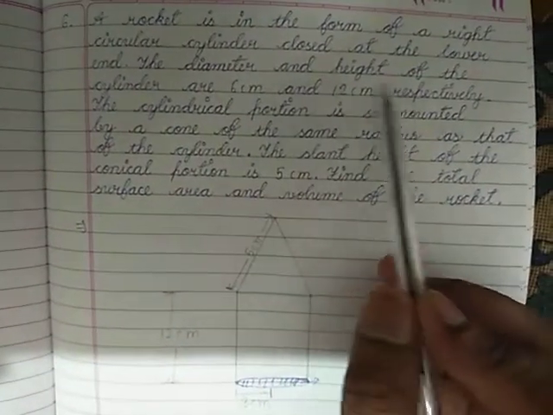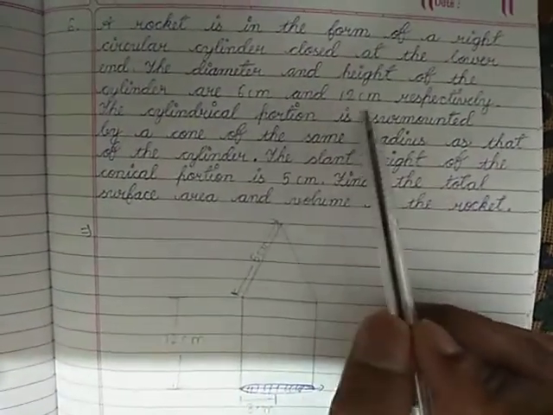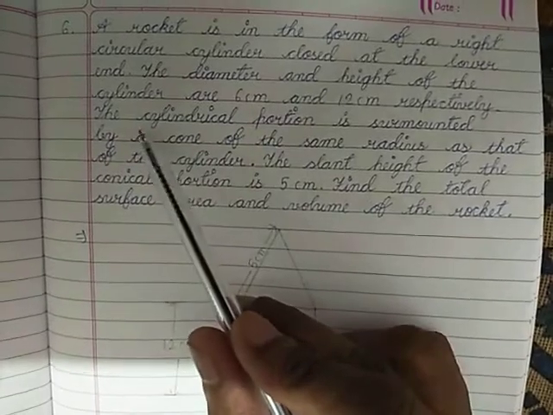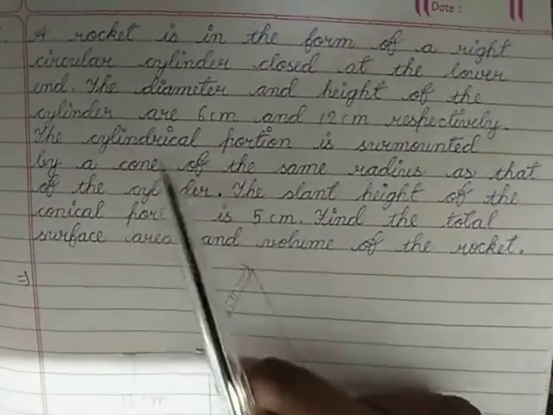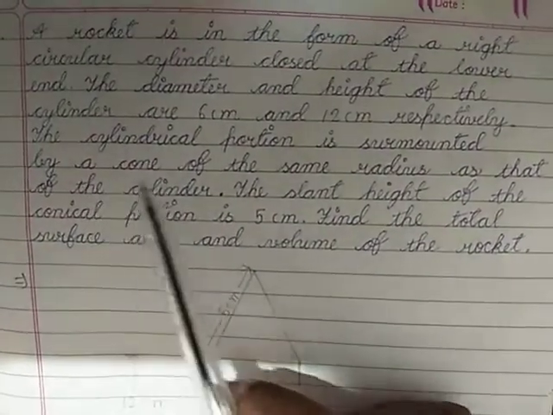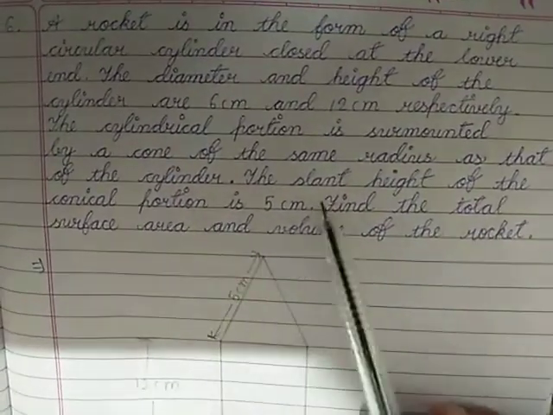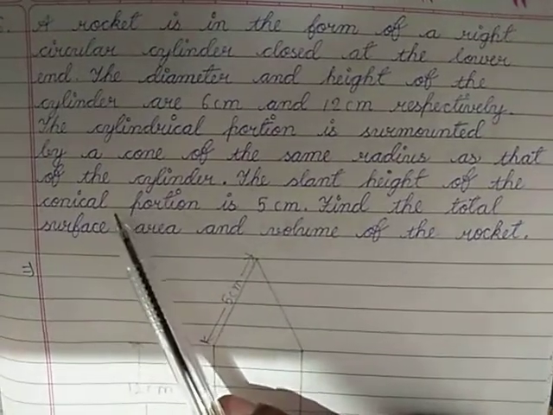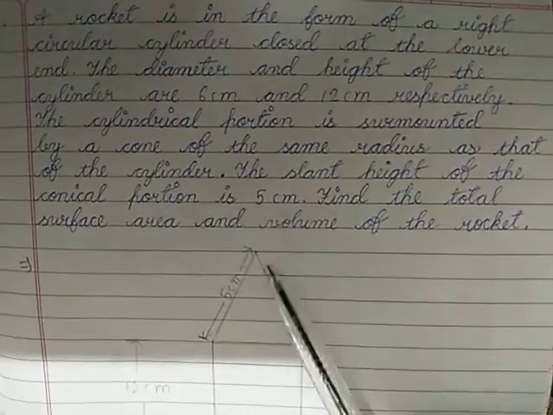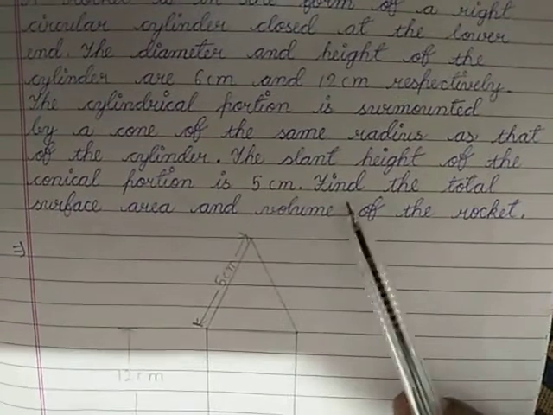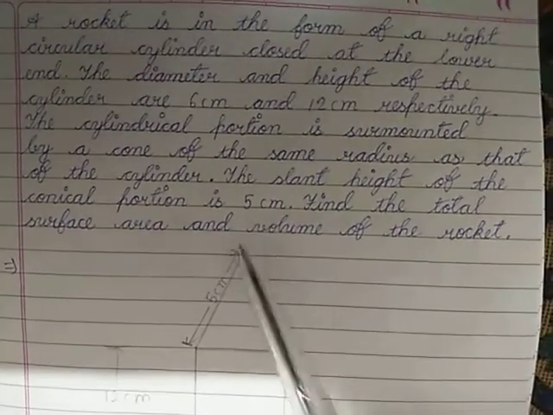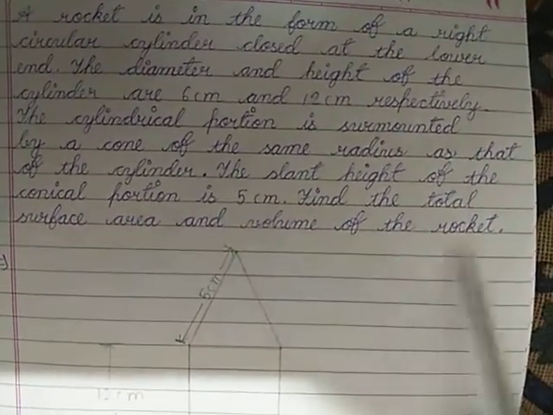The diameter and the height of the cylinder are 6 cm and 12 cm respectively. The cylinder portion is surmounted by a cone of the same radius as that of the cylinder. The slant height of the conical portion is 5 cm. Find the total surface area and the volume of the rocket.